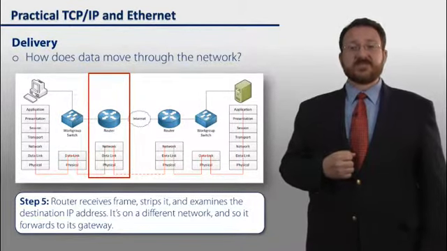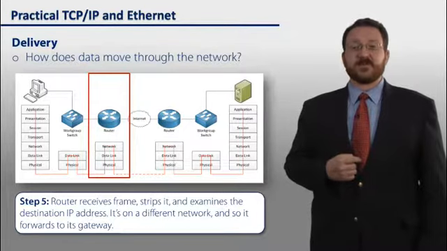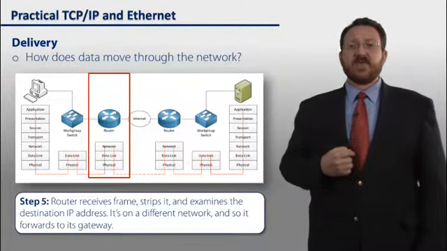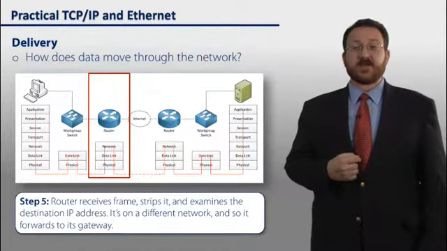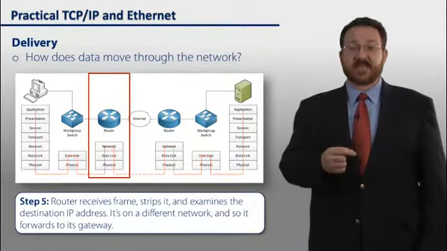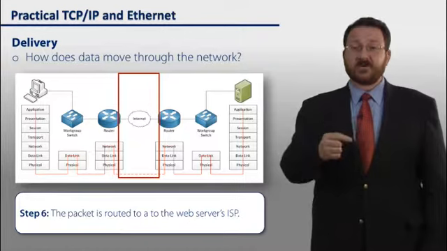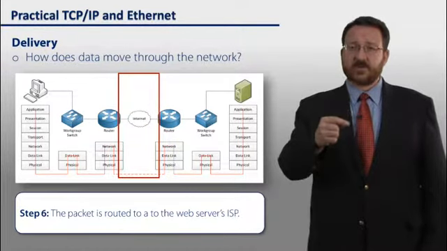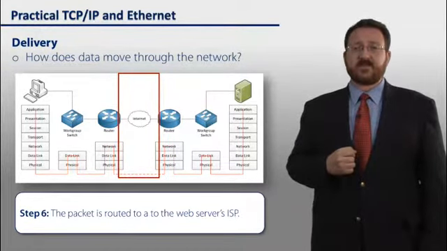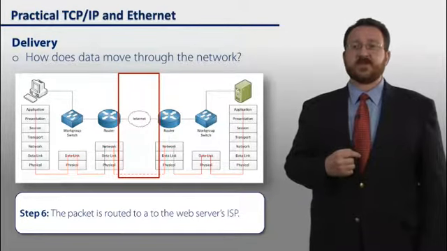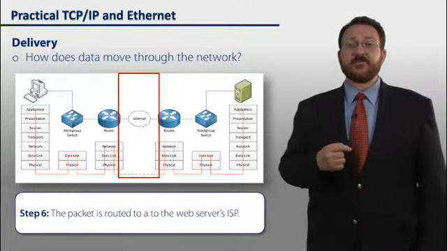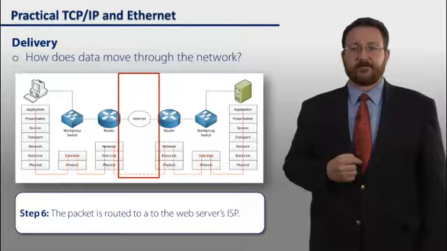The router is going to receive the frame and remove the layer 2 frame to examine the destination IP address. It will realize that it's on a different network, and so it will forward it on to its gateway. And so on, and so on, and so on, through all the intermediate hops on the network. All of these are looking at the layer 3 address and figuring out where to route that packet.